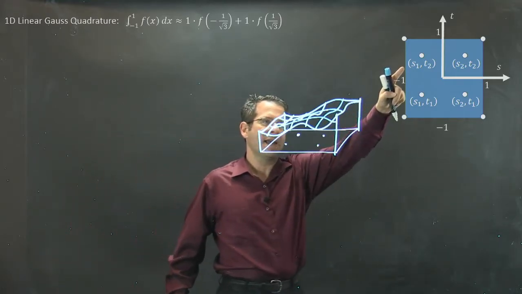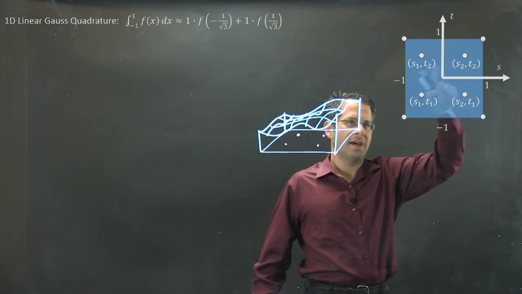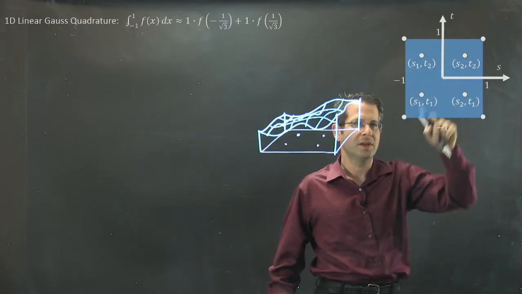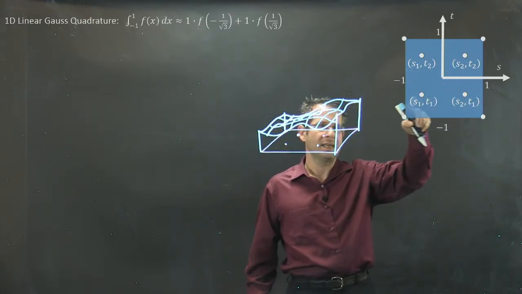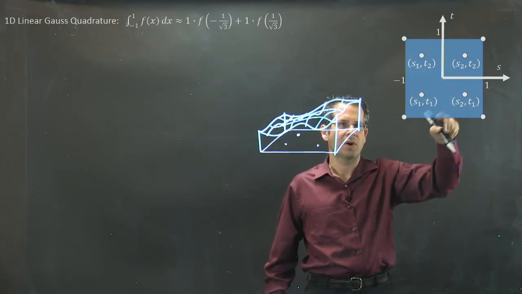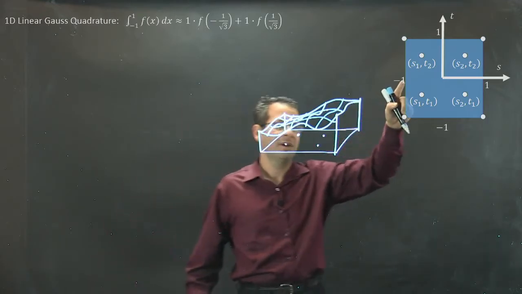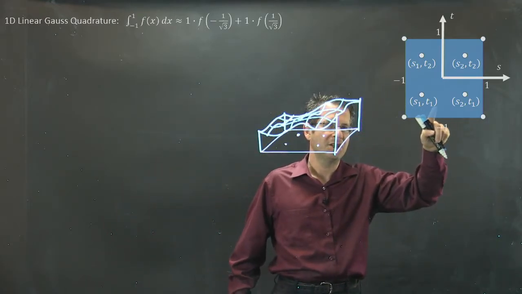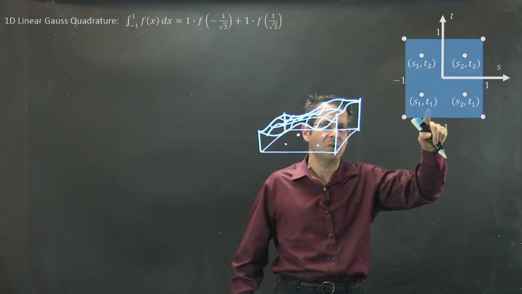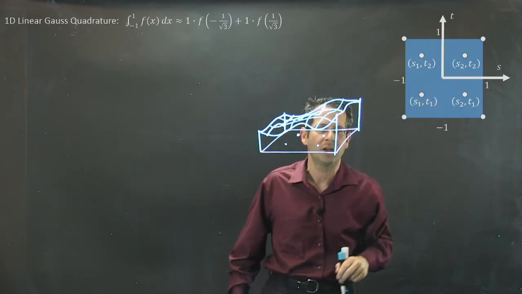It turns out the 4 locations I'm looking for are equally spaced from the origin, which might not surprise you. I've labeled them, so I have an S1 location and an S2 location, and I have a T1 location and a T2 location.